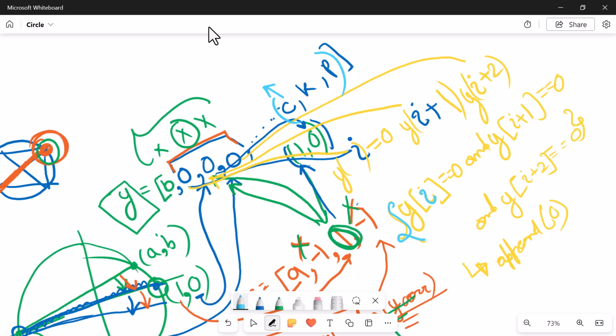But if it comes to K, then y of I is K, y of I plus 1 is P, but y of I plus 2 is not defined.